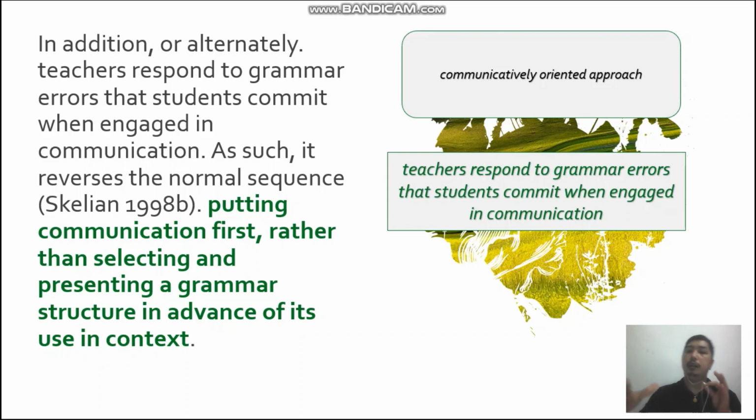So the role of the teacher is to provide feedback on the errors committed by the learners. As such, it reverses the normal sequence, putting communication first. So, in this particular approach, you put communication first rather than selecting and presenting a grammar structure in advance of its use in context. So, there is a communication activity, and then the presentation of the grammar structure comes next.